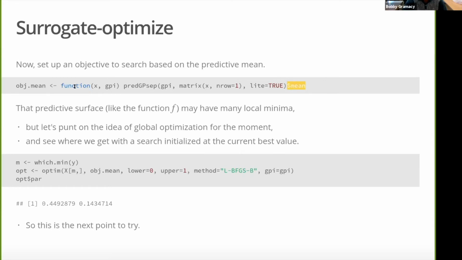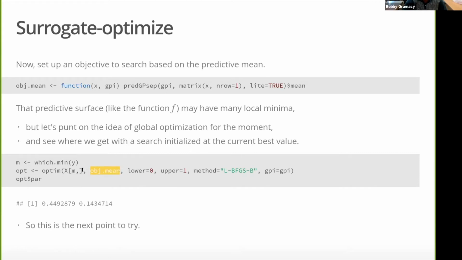So I've created a function that is my new objective. It's kind of a trivial function. It just allows me to evaluate something to return the mean from my fit. And that's what I'm going to optimize instead. So I'm going to put into the optim function this objective. That's the important thing here. This is the new function I'm optimizing.